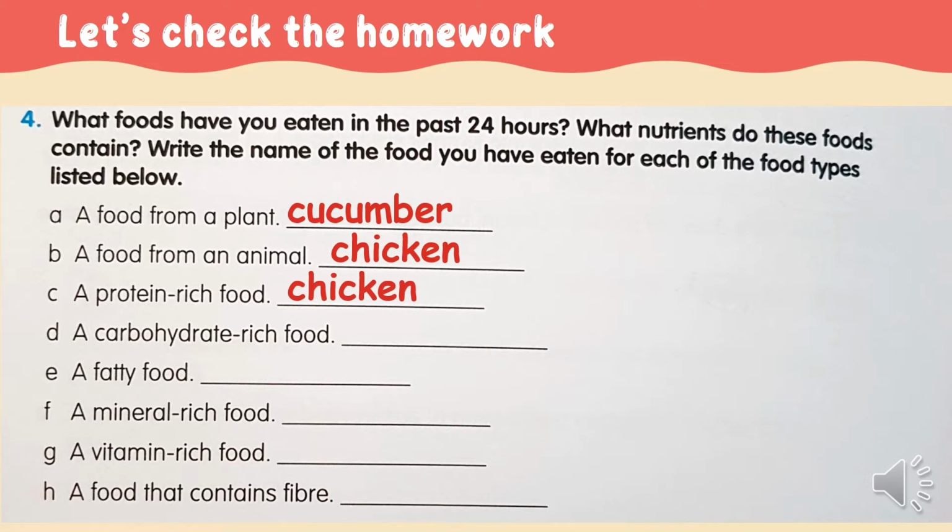A carbohydrate rich food. I've written rice. A fatty food. I wrote butter. A mineral rich food. I wrote eggs. It can be fruits and vegetables also because eggs have minerals and vitamins. So I've written eggs for both of these. And a food that contains fiber, apple. You can write other foods which you have eaten. I've just written examples over here.